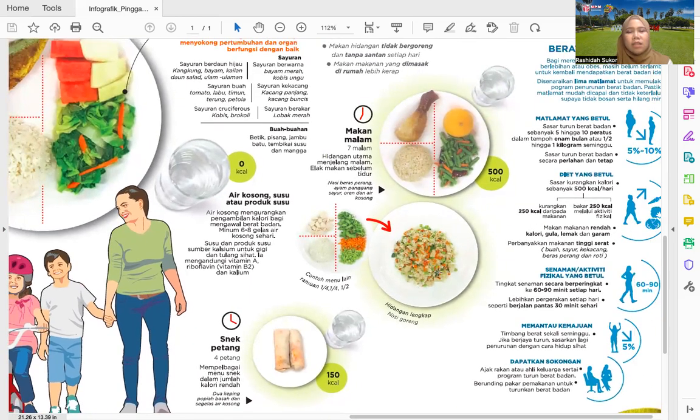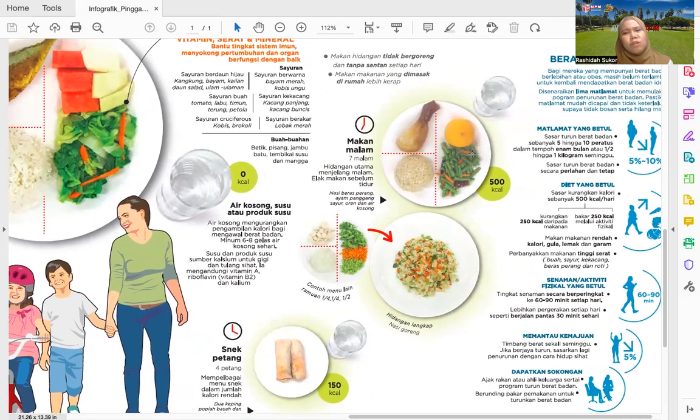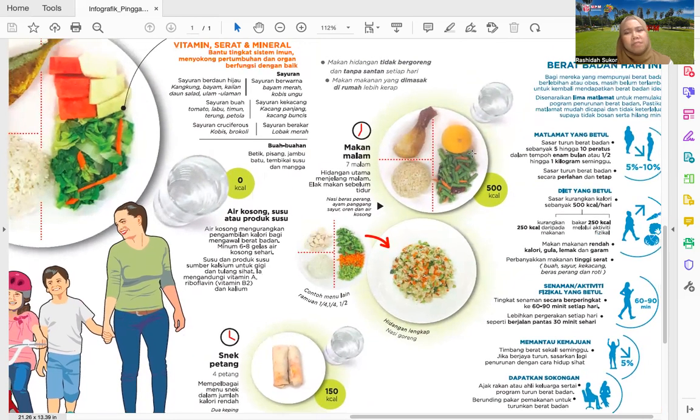Nasi goreng, delicious. And then you can have this, I think fried chicken, and fruit. Not many people eat fruit at night, right? This vegetable, I don't know what it is called in English. This one is kacang panjang.